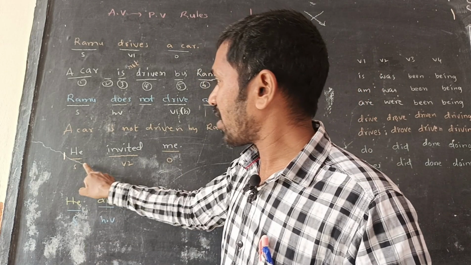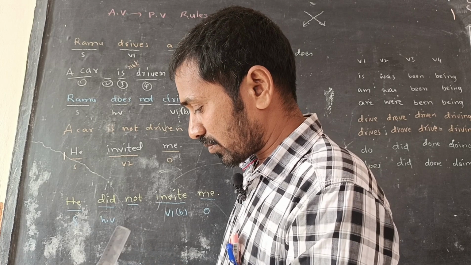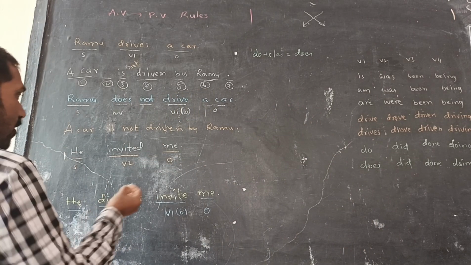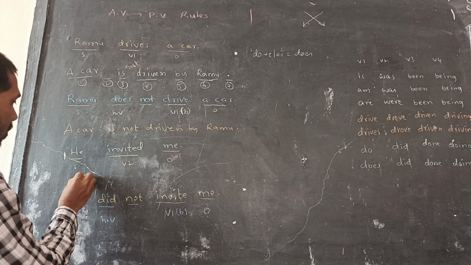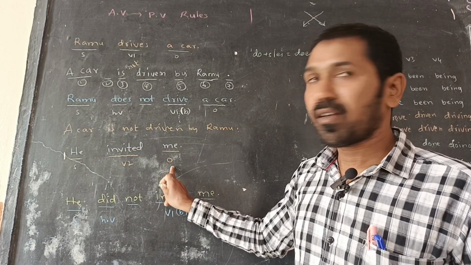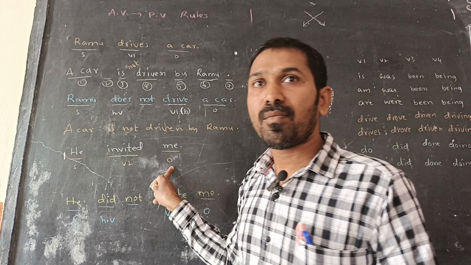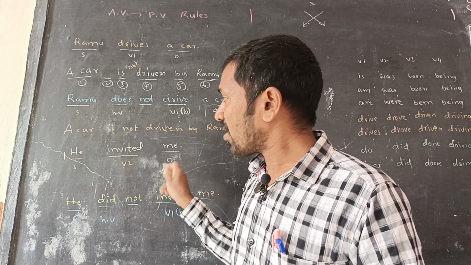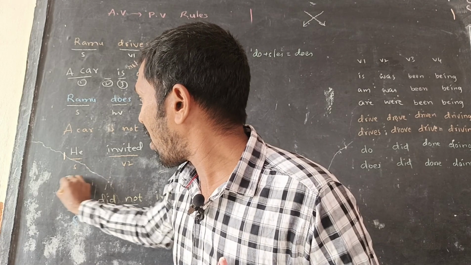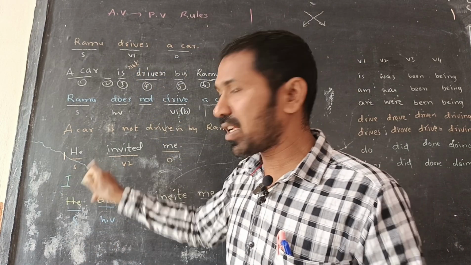Okay, next let's see. He invited me. Me is the object. Pronoun me is the objective case and for this subjective case is I. And next active voice any helping verb is there?